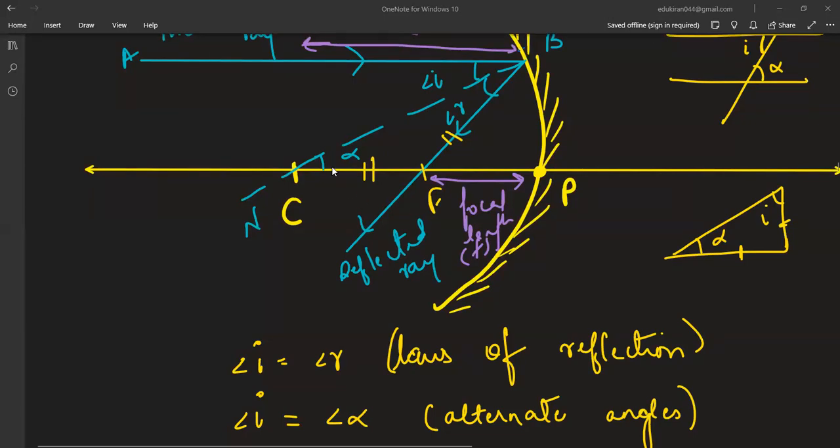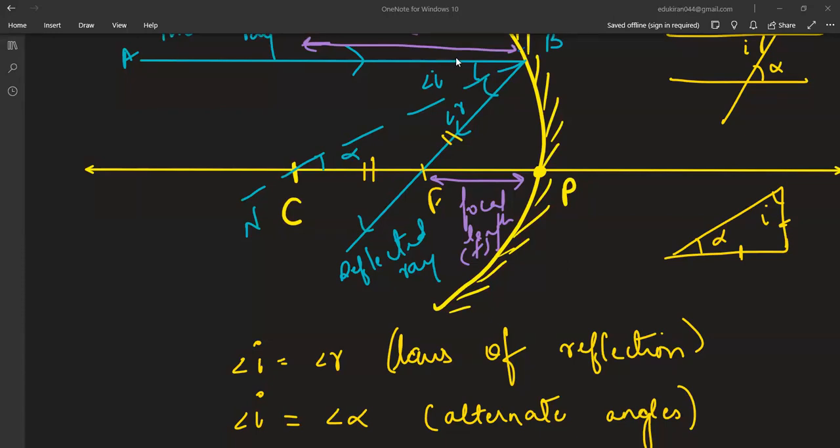See, this CF is equal to FP. How? Because of equal angles, CF was already equal to FB, and right now FB is almost equal to FP. If both of these are equal, it means CF and FP are the same. Clear? Firstly, we started the derivation with the fact that I and R are equal.